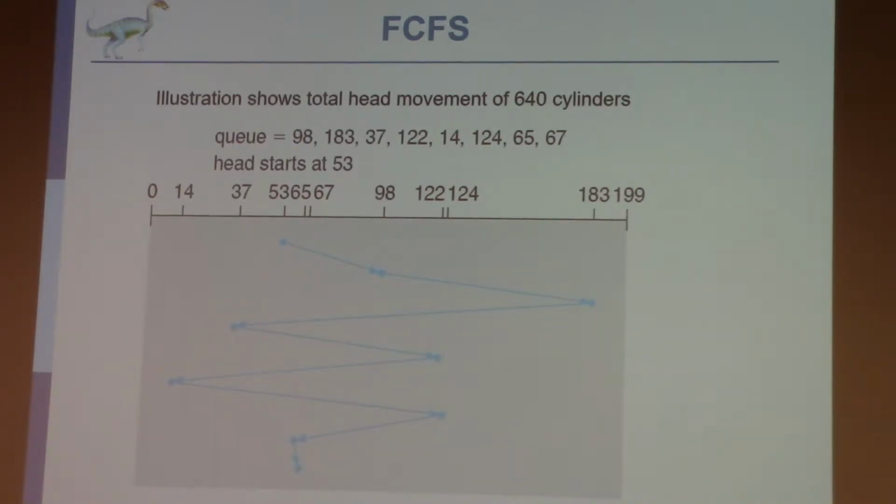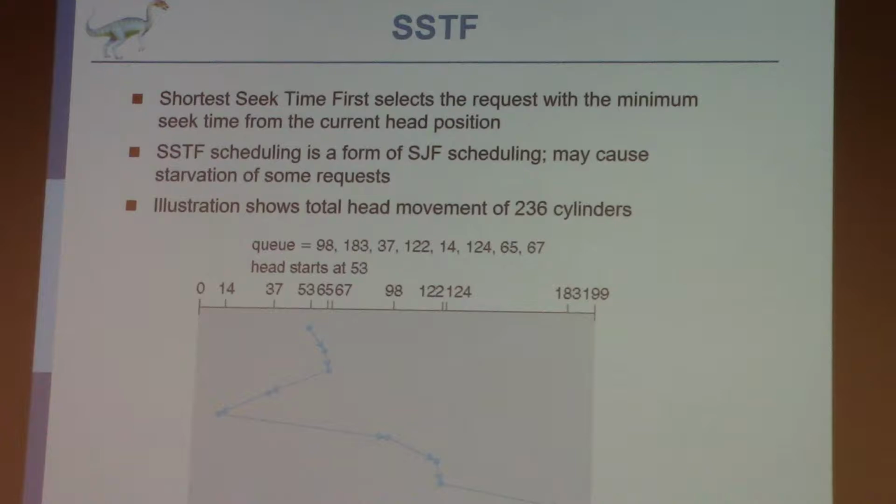Among the requests in the queue, find the nearest one, the shortest path. So read 65. Then from 65, which one is the nearest one? That is called shortest seek time first, similar to shortest remaining job first in CPU scheduling.